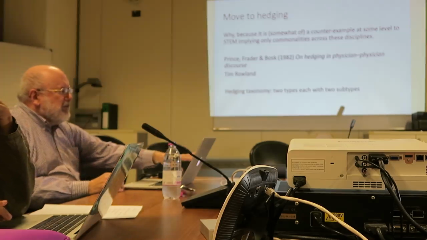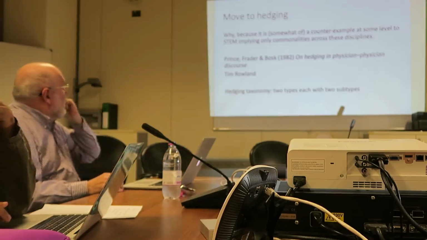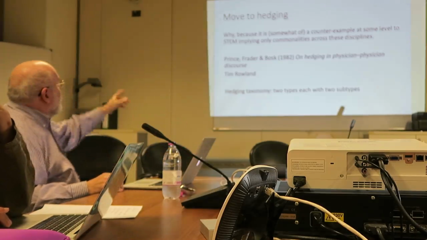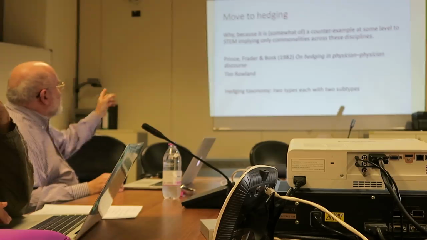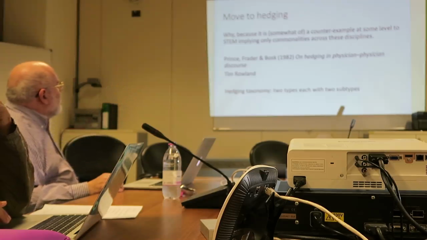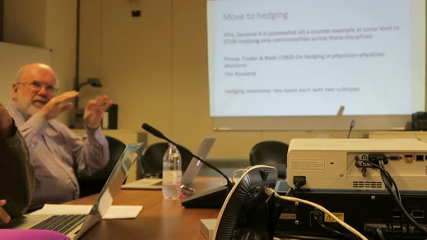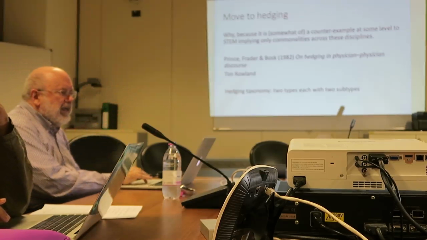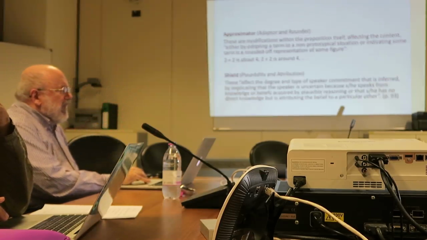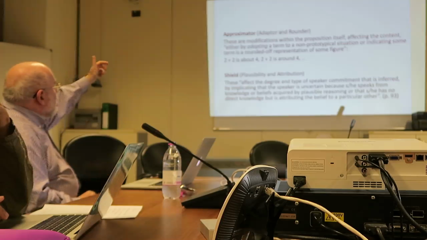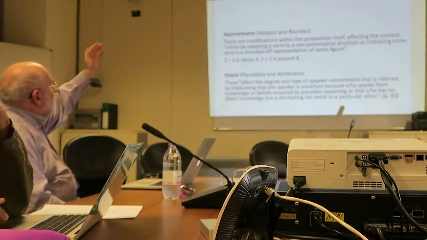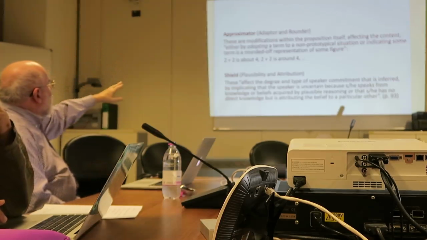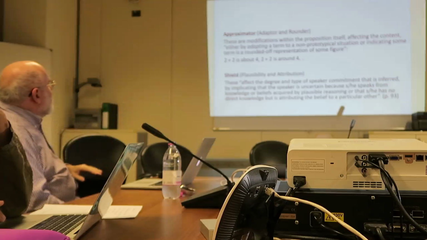And there's a very interesting chapter of a book where a taxonomy was created about different types of hedging. The two types they call approximators and shields, and the two types within approximators are adapters and rounders, and the two types within shields are plausibility and attribution.